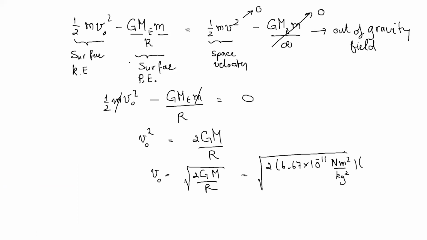And then you multiply with the mass of the Earth, 5.98 times 10 to the 24 kilograms, and then divide by the radius of the Earth, 6.4 times 10 to the 6 meters.